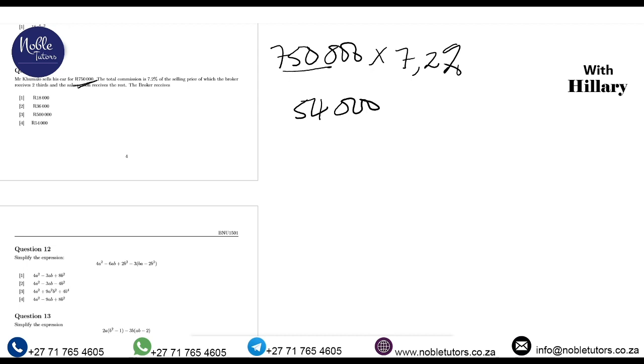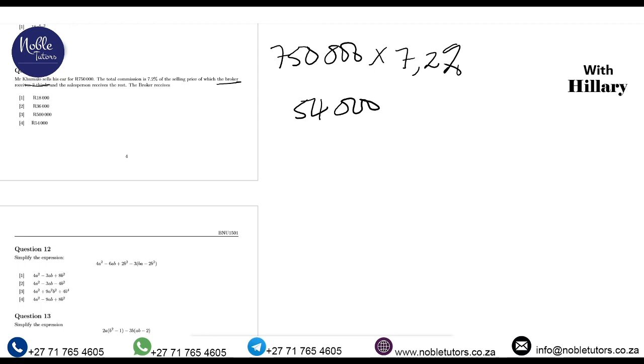But they are saying now that of which the broker receives 2/3 and the salesman gets the rest. The broker receives how much? So the broker is only getting 2/3.